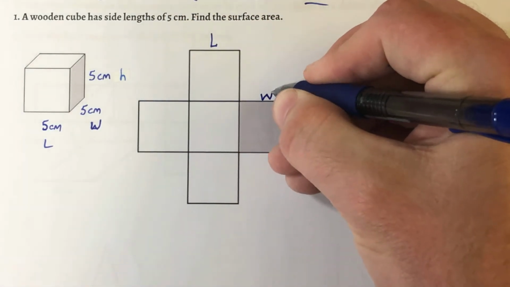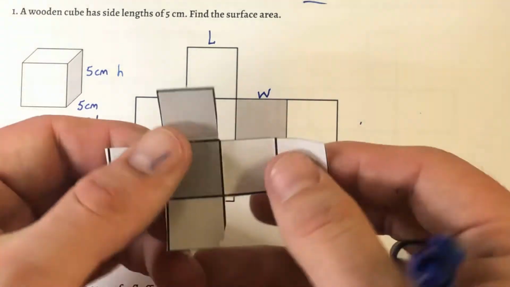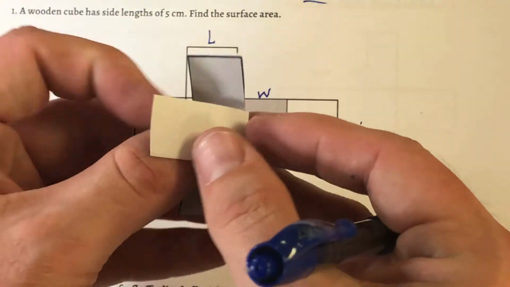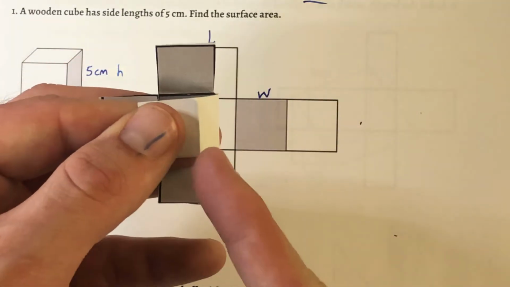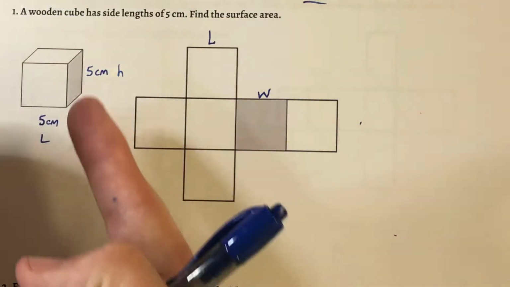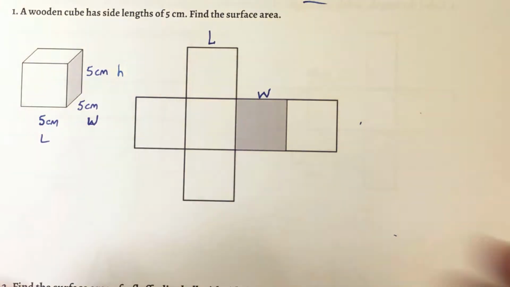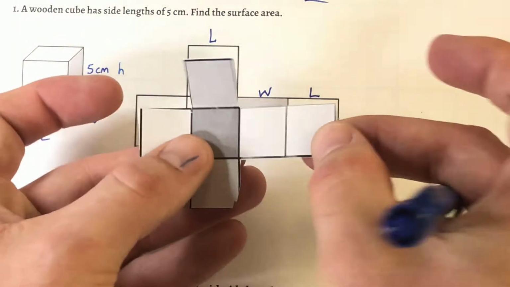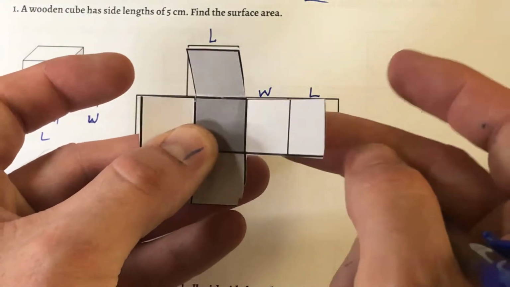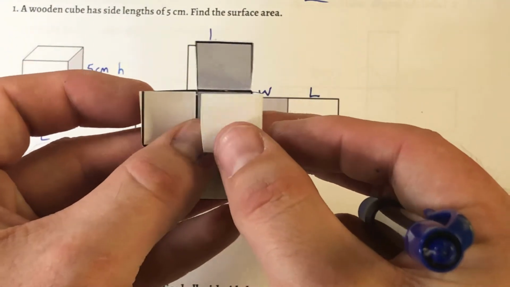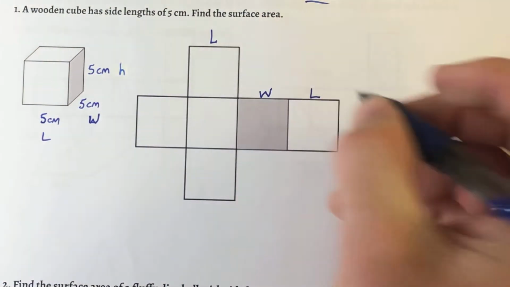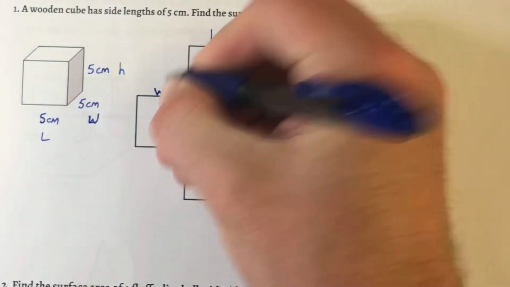This is going to be my width, because if I fold that inwards, that distance coming forward is my width. And then it's going to alternate to the length. So this one right on the right, that's going to wrap around, and that's going to be my length again. So you're always going to have that alternating pattern, and this one will be the width.